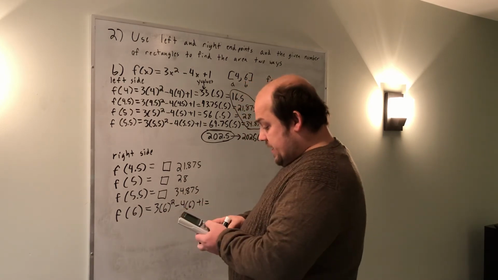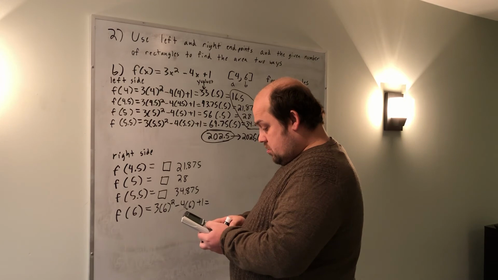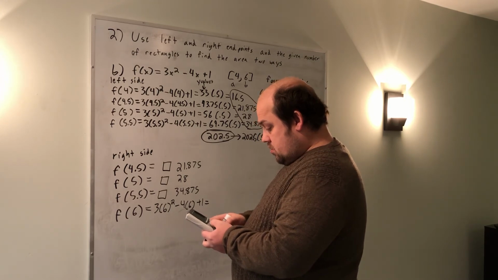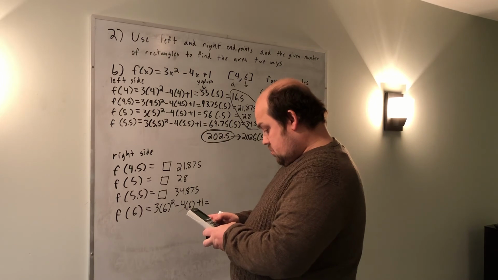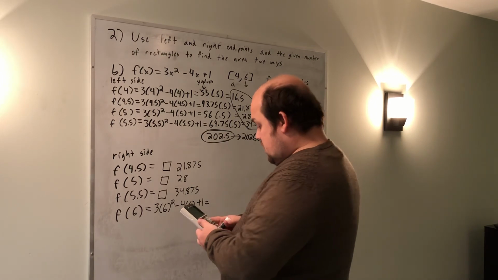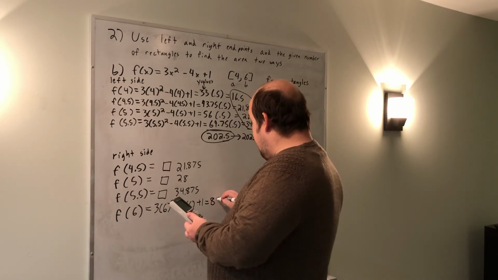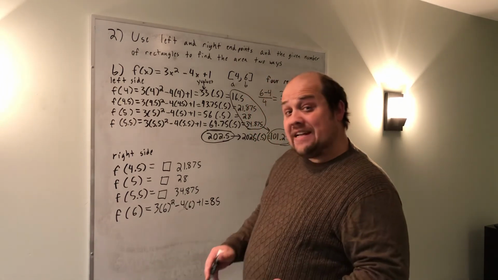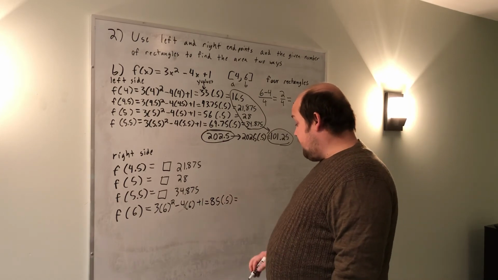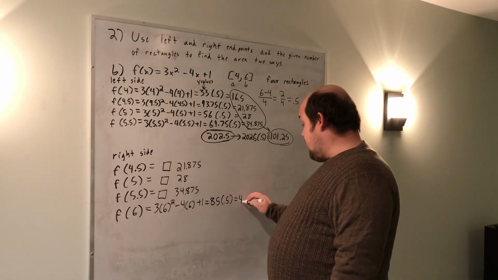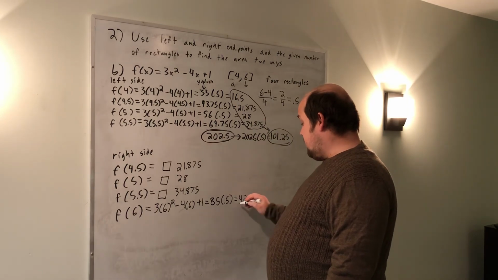When I put that into my calculator, that gives me 85. Again, I need to remember that's the height of the rectangle. To find the area of the rectangle, I multiply that by 0.5. 85 times 0.5 gives me 42.5.